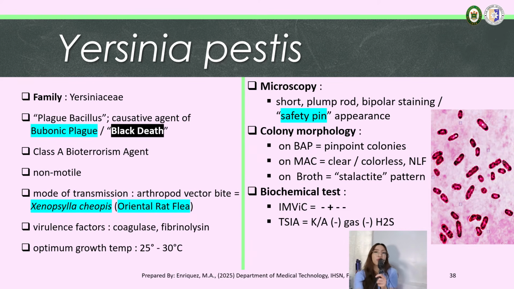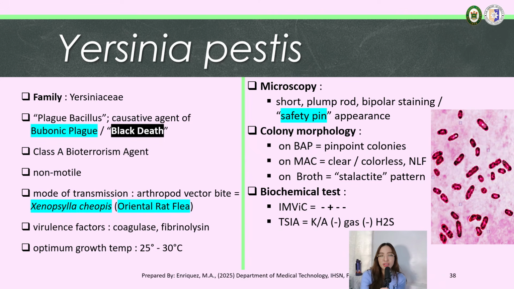Medyo naiiba po yung microscopic morphology ng Yersinia pestis compared to all the other Enterobacterales members because although yes, it is still considered as a straight gram-negative bacilli with rounded ends, it has an odd staining pattern that has been described as bipolar or safety pin in appearance, as we can see right here in this picture.